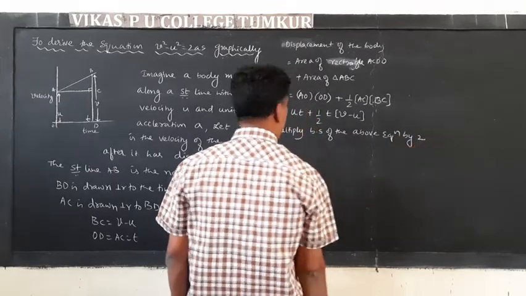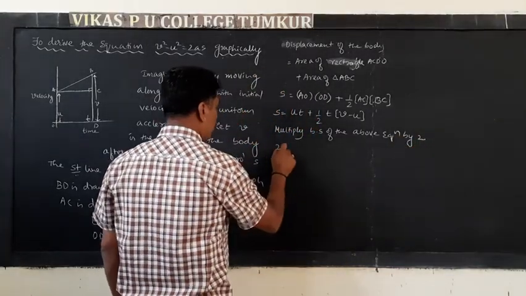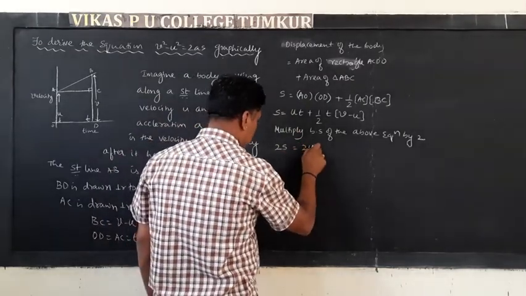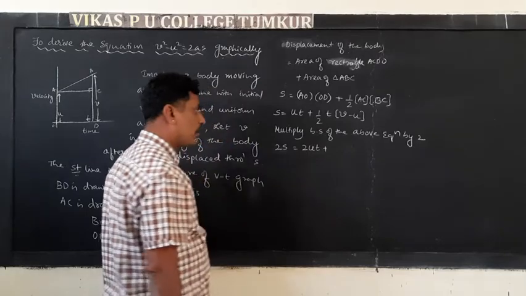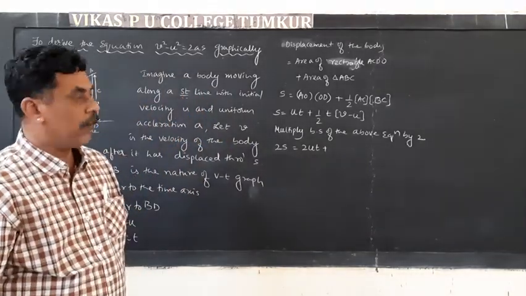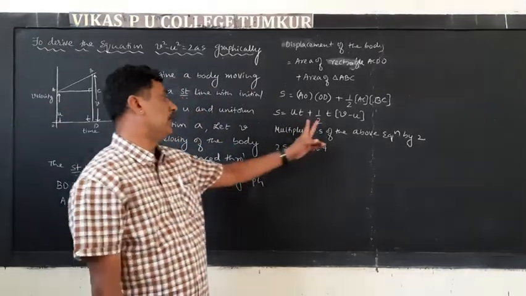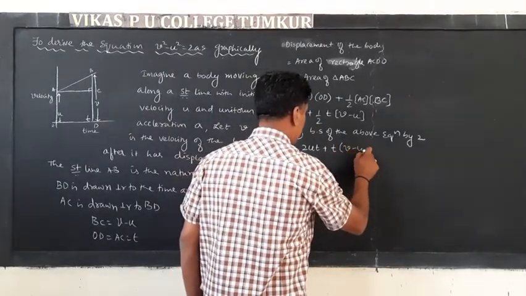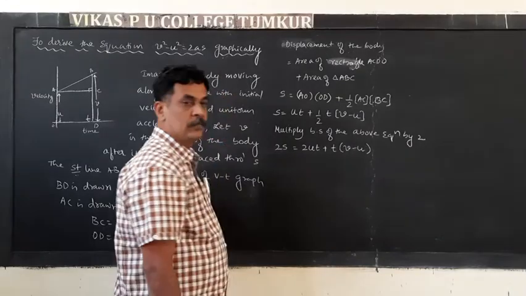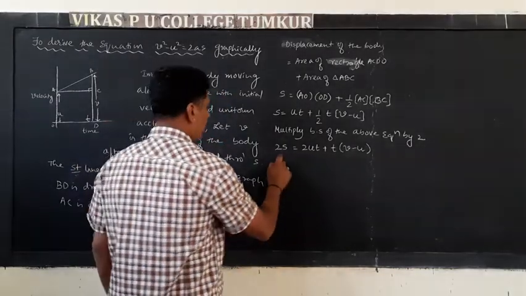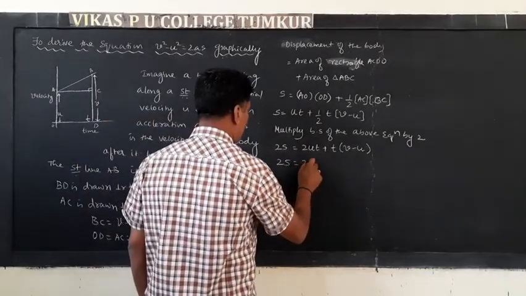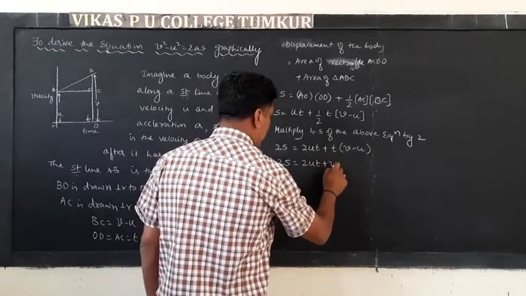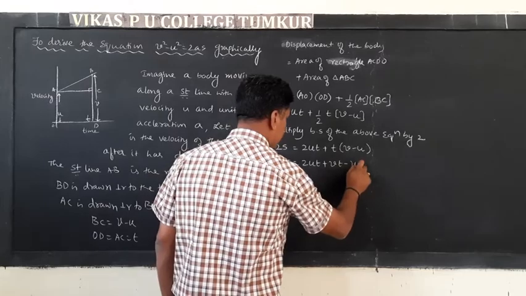So this naturally becomes 2s. This, multiplied by 2, becomes 2ut. Half of 2, multiplied by 2, you get only t into (v minus u). Okay. Now 2s will be equal to 2ut plus, I will multiply this, I get vt minus ut.